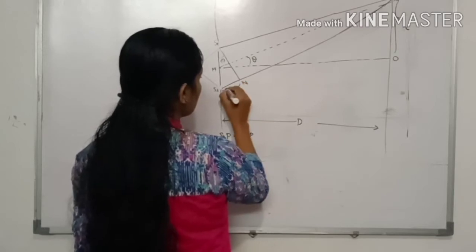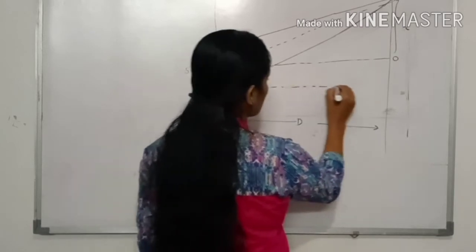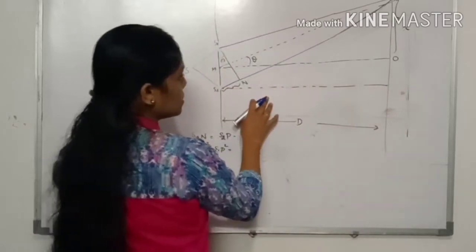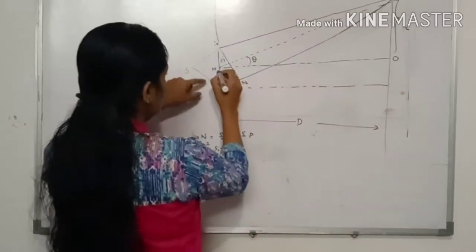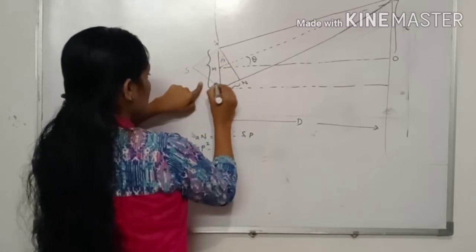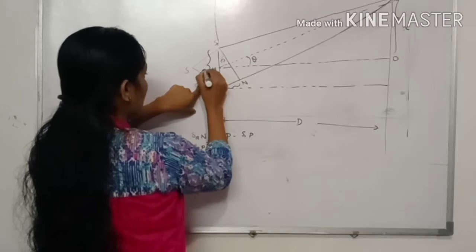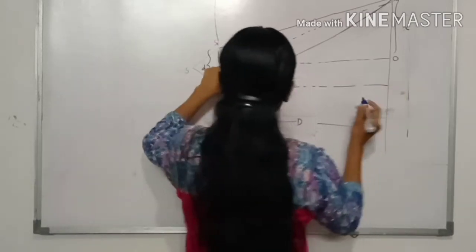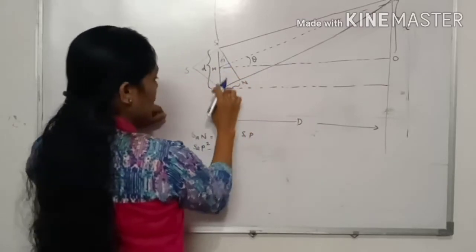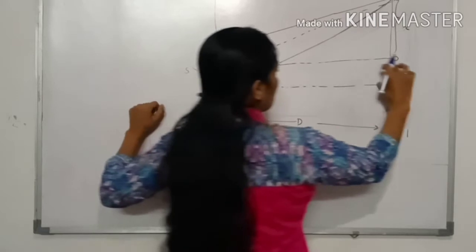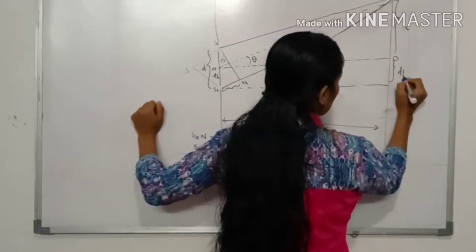Let us take this triangle to get S2P. Let us take the distance between S1 and S2 as small d. So this distance, M to S2, is d by 2.